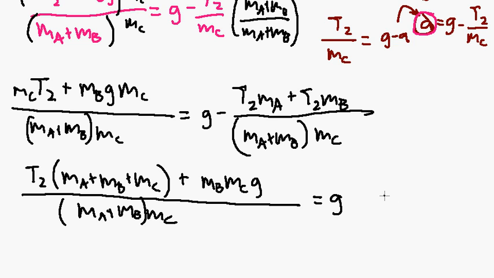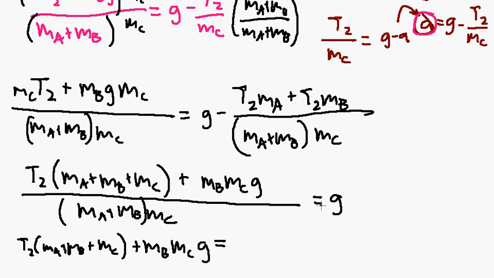So T2 times MA plus MB plus MC, plus MB MC times G, multiply this over, equals, and this is going to be MA MC G plus MB MC G. Okay, so the payoff for all this pain is that this and this cancel.